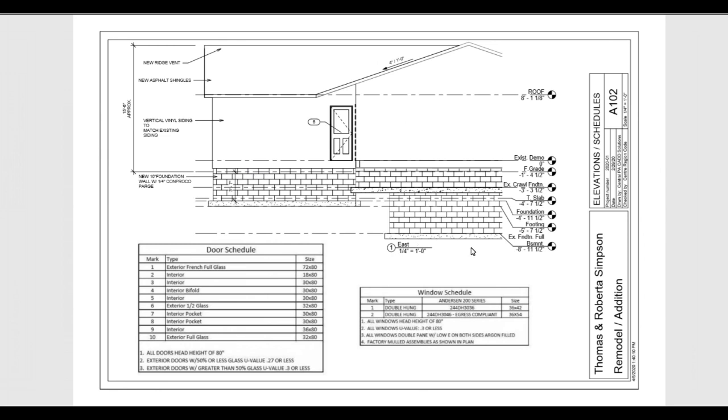I can also see that the foundation is going to be made out of CMUs, and then I'm going to have a footing here, and a footing here, and apparently what's going on is I have basically three different levels within this. This part back here is the existing house, and it has a crawl space on this section that is basically this high from that point to the underside of the floor level.